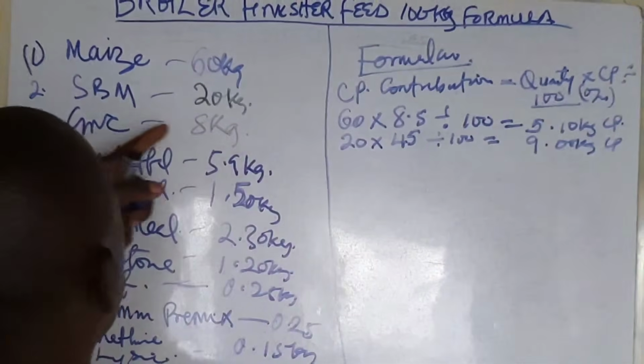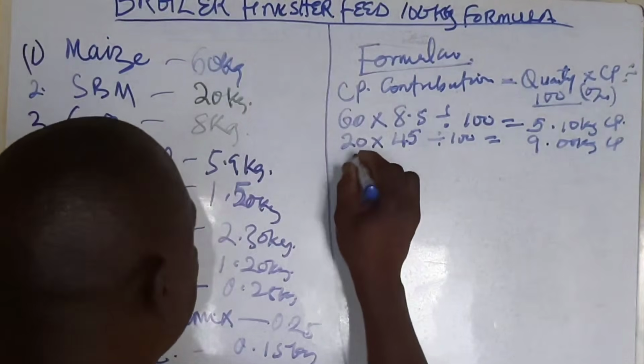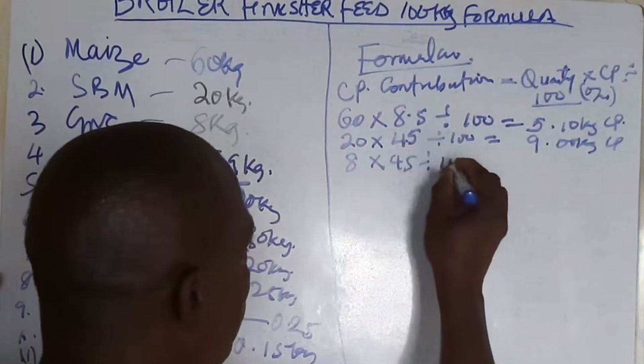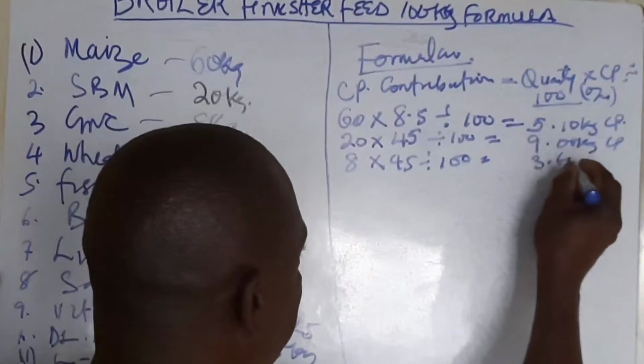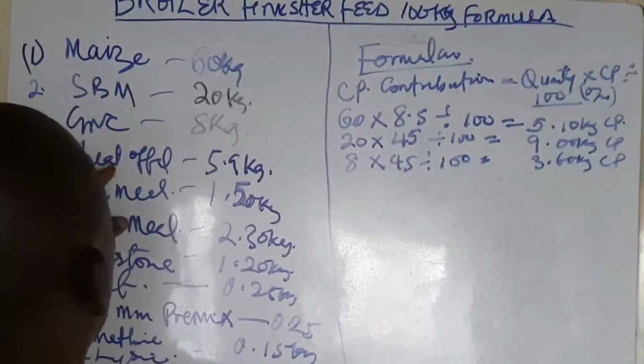The next one is GNC. GNC is also 45% crude protein. Quantity here is 8 times 45 divided by 100. This will give us 3.60 kg CP.